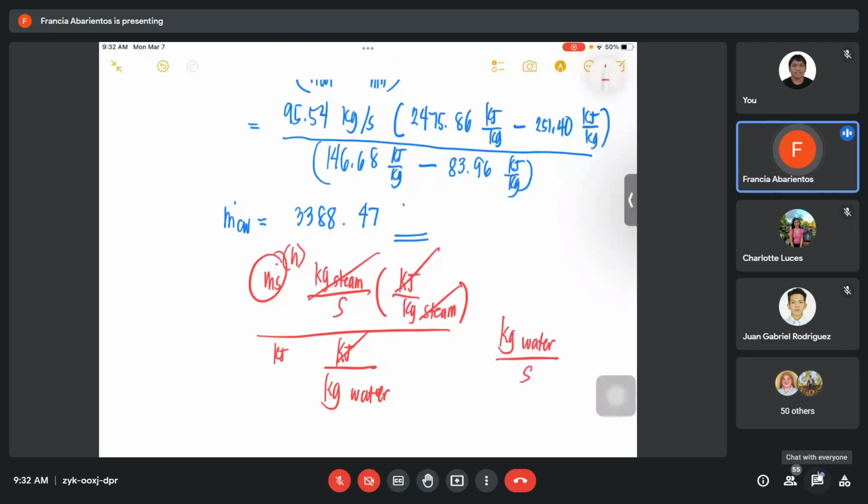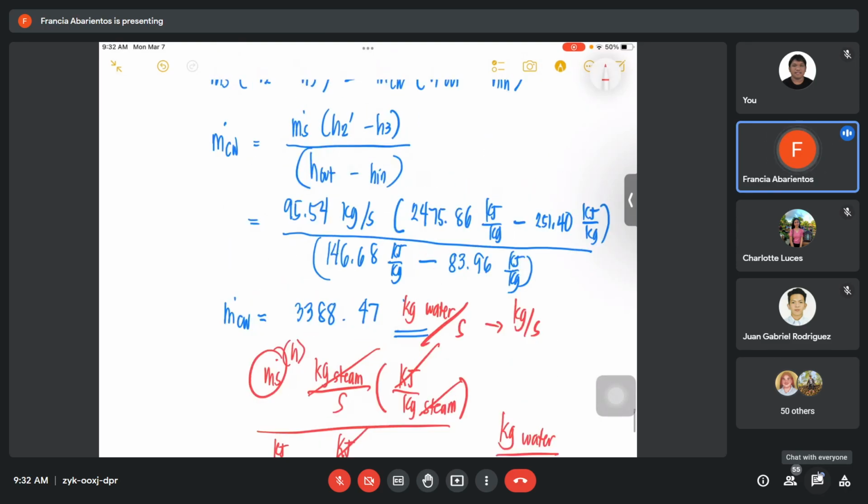So our unit here is kilogram of water per second. Okay? Understood?